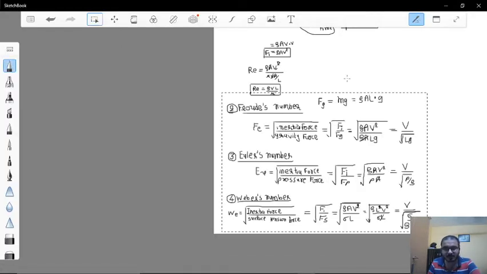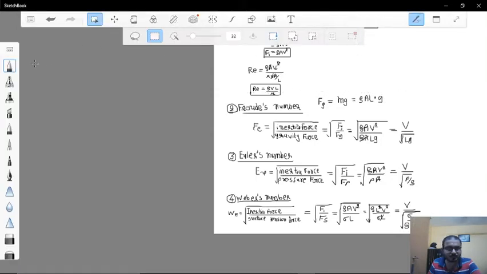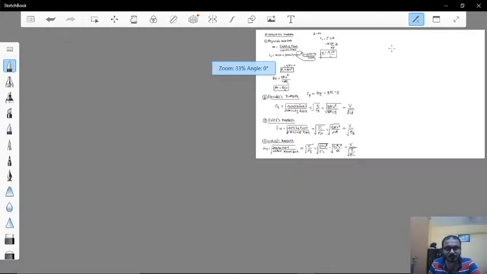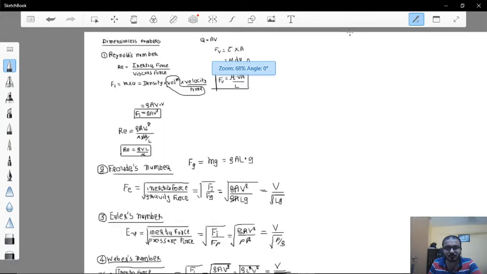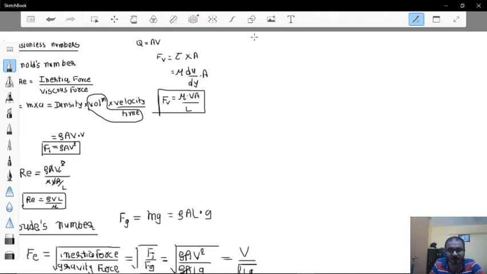Still we are left with one more number, that is fifth one, Mach number. Which is again given by square root of, so let me write it over here.